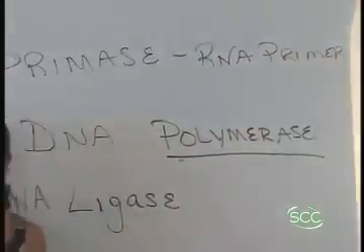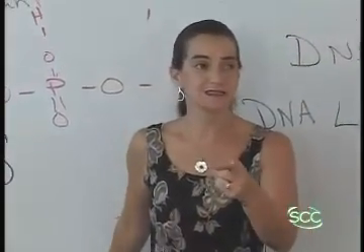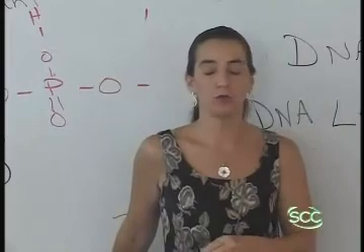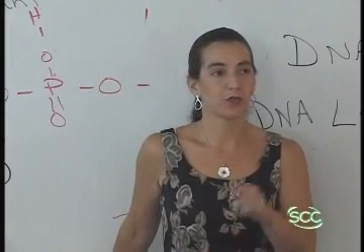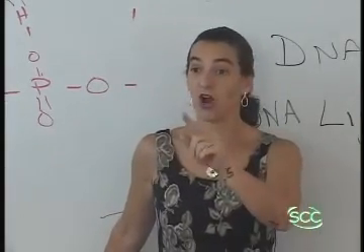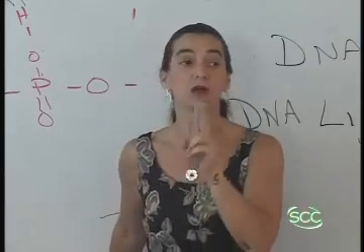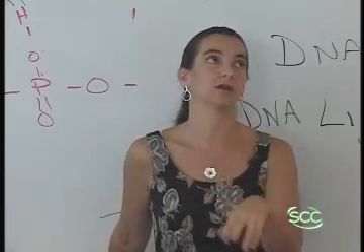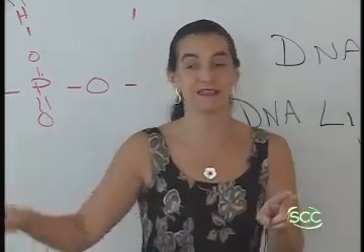Now, what are the differences between DNA and RNA? DNA has thymine, RNA has uracil. What else? There are three major differences between DNA and RNA. The sugars. RNA is a ribose sugar, the number 2 carbon has a hydroxyl group, whereas in DNA it's deoxygenated.